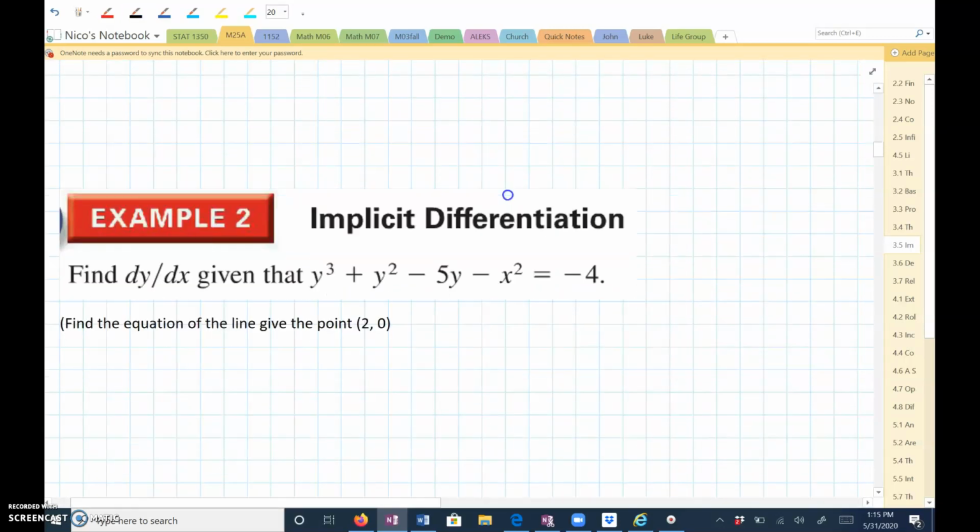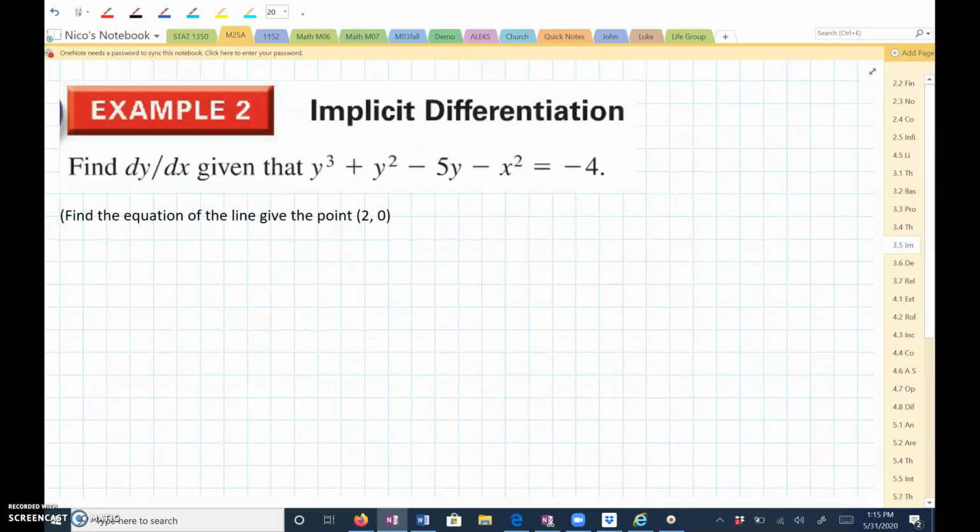So let's try an example here. Find dy dx given this equation. Again, this equation is implicit because y is not solved for.